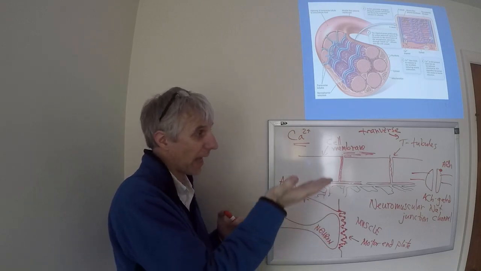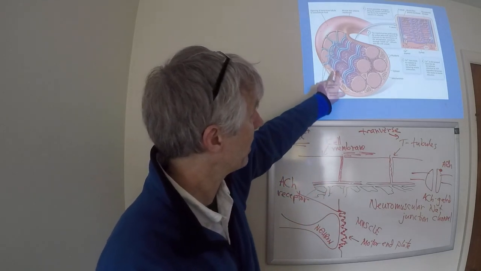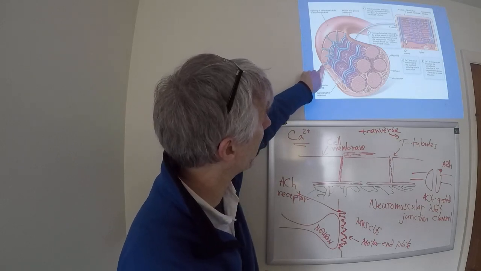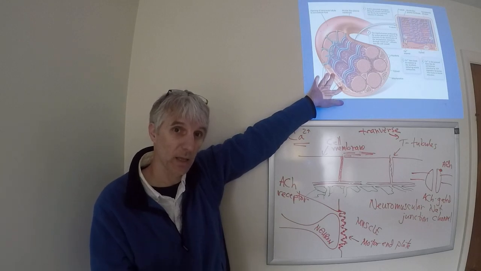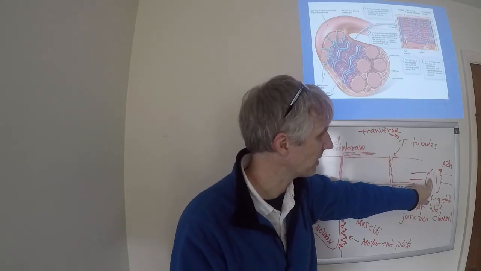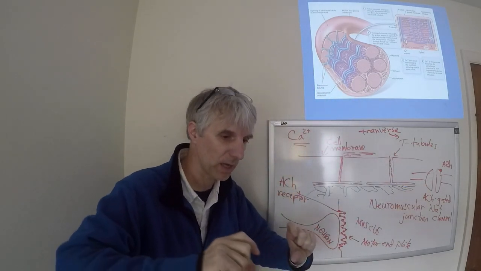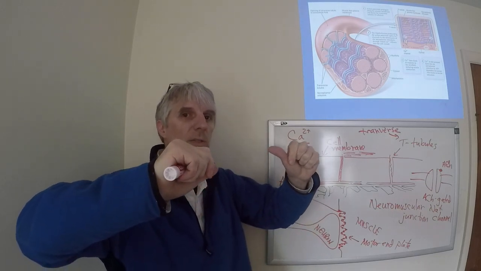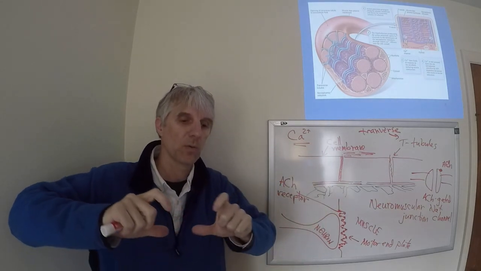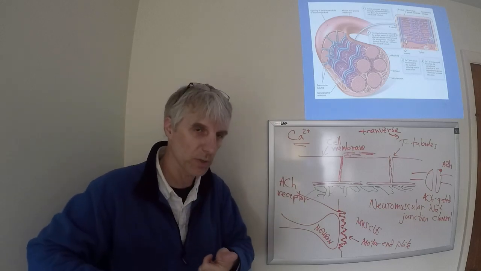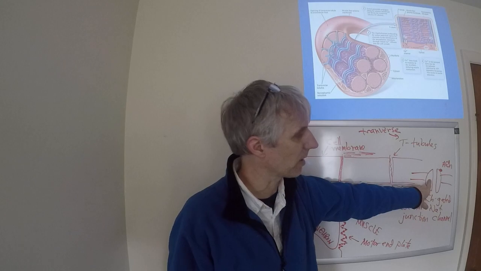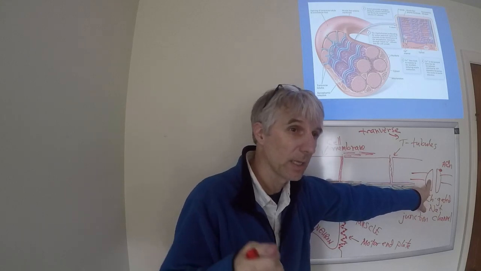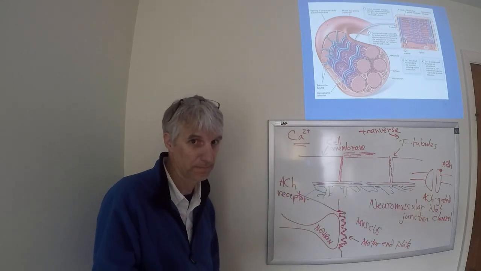As we do that, the action potential spreads along the membrane of the muscle cell, right? As we depolarize, that causes more sodium channels to open, which leads to depolarization of more sodium channels. So this is going to help to trigger an action potential in the muscle cell. Okay?